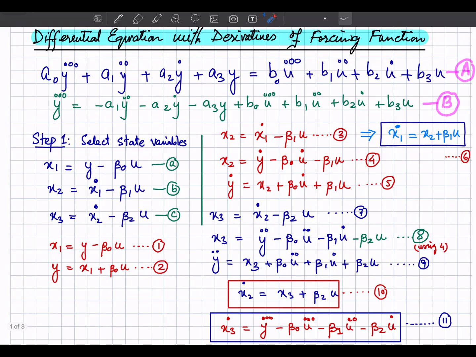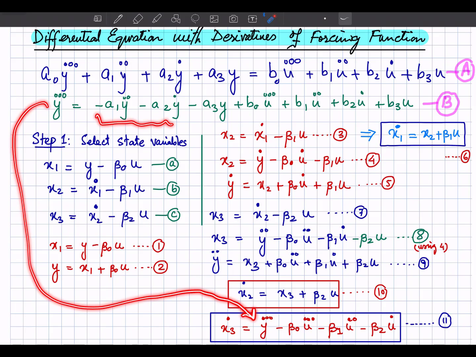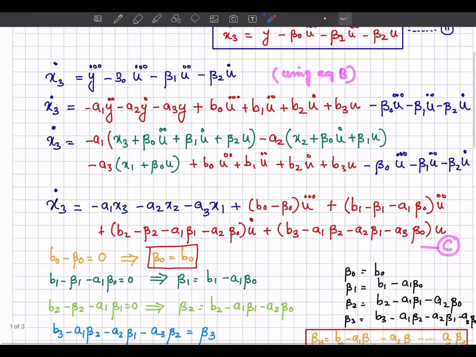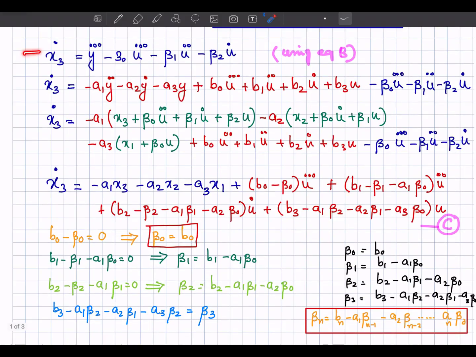So we can replace this y triple dot in this equation from here, right? If I use this value of y triple dot from equation B, first of all I can reduce one order of the derivative. It will be in terms of only the double derivative and single derivative of the output. So using equation B in this equation we will get this equation.